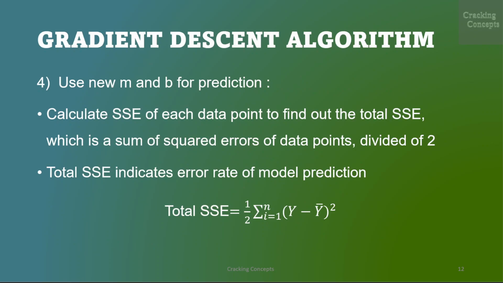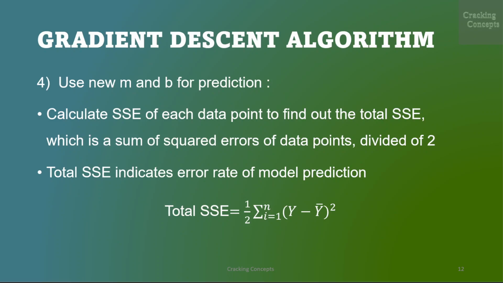The fourth step is to use the new values of m and b for prediction. We use the data with the new values of m and b computed in the step before to draw the line that will fit the data. Now we calculate the SSE for each data point to find out the total SSE, which is a sum of squared errors of data points divided by 2.